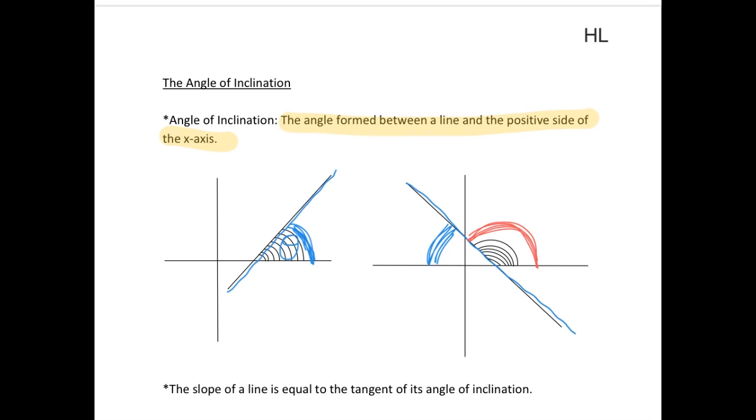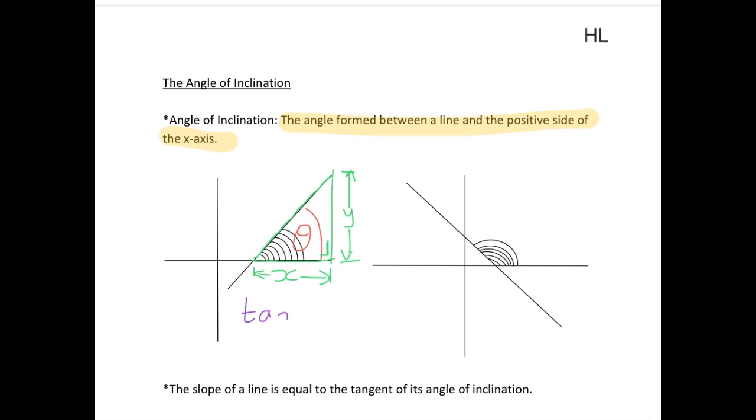So if we take this example that we had back here, this picture on the left with this line, if we were to look at this angle theta here, and we were to draw in a right angle triangle here, we would see that if our right angle is here, our x distance here and our y distance here are related by tan theta being equal to our opposite, so our y over our x.